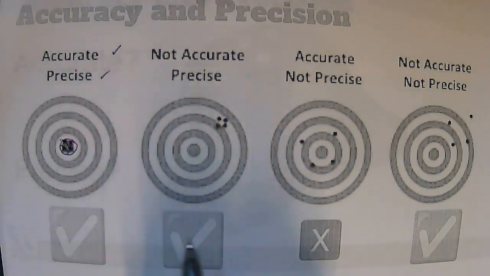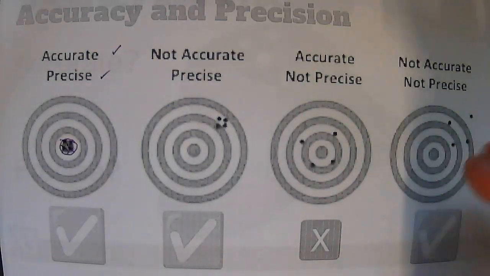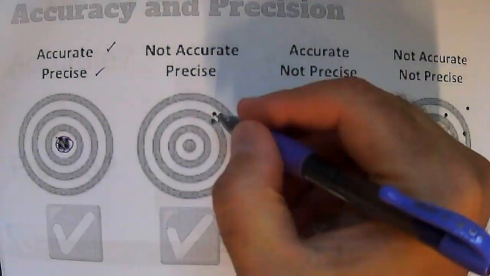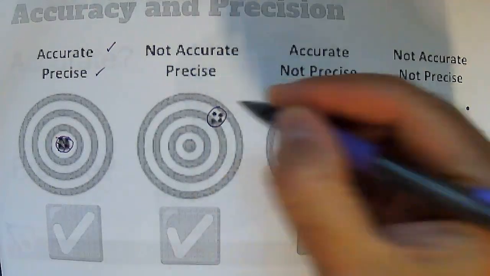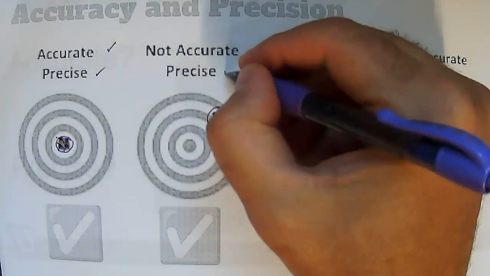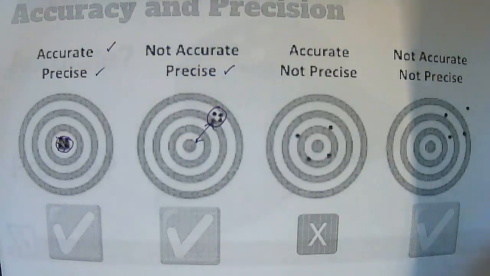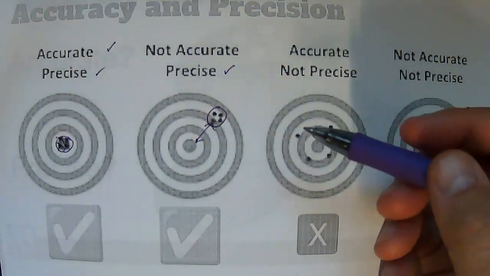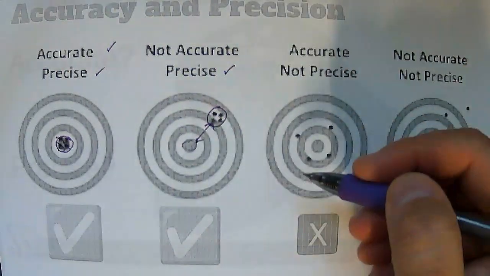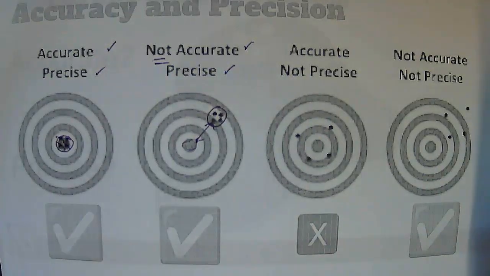Okay, I'll come down to this check mark and X in a minute. Now in the second example, you can see all 4 of these are grouped very tightly together. I can make a circle around them pretty easily. So I know that they're precise, but notice they are very far away from the bullseye, okay? So they are not accurate, okay?